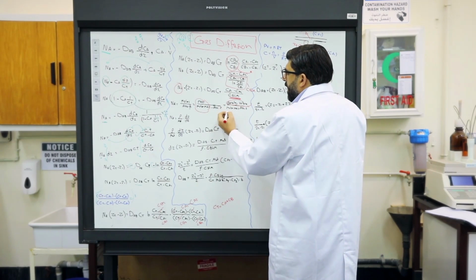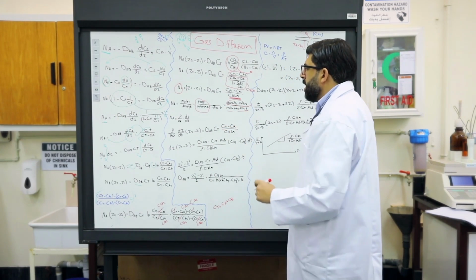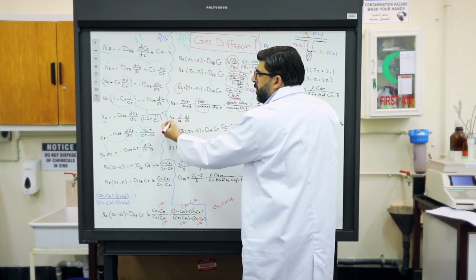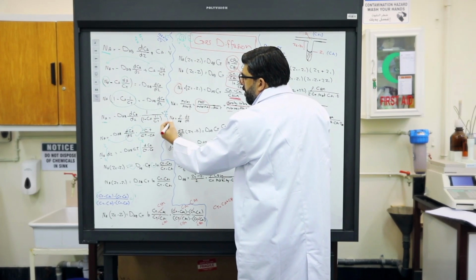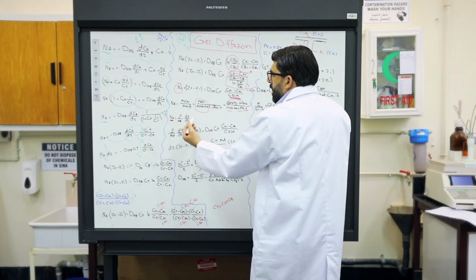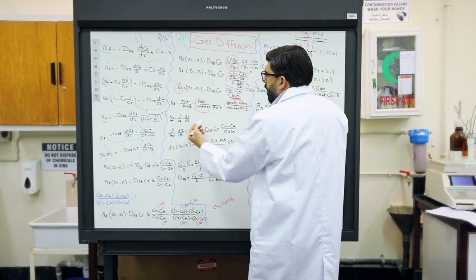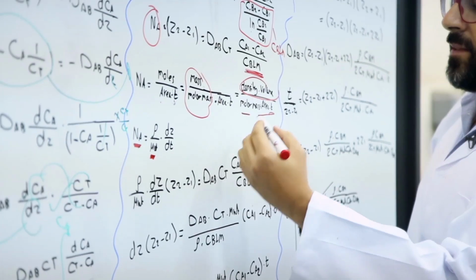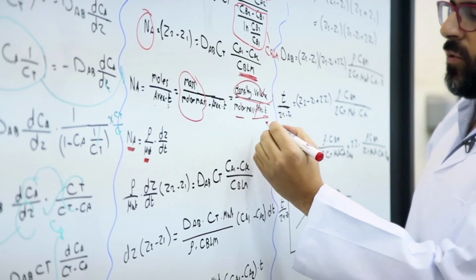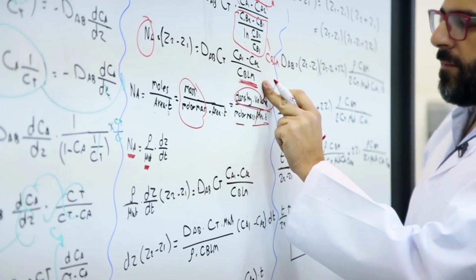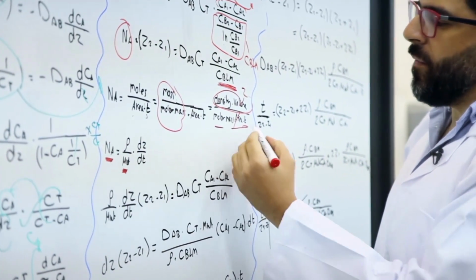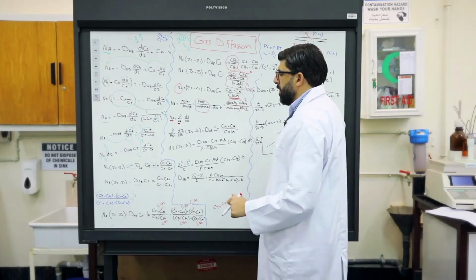So we can write in differential form, NA equals density rho over molar mass MW times volume over area, so it will be L or Z. Okay, so it will be dZ over dt because we wrote it in differential form.